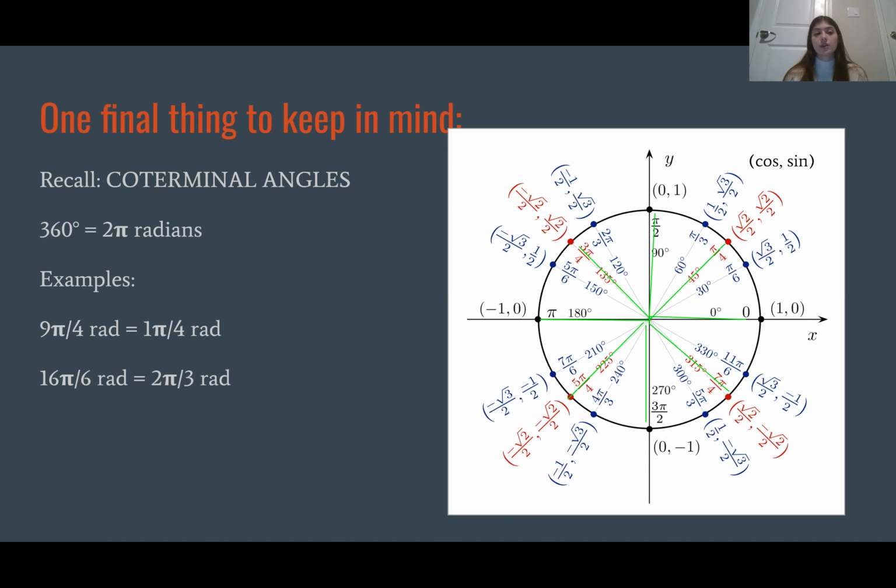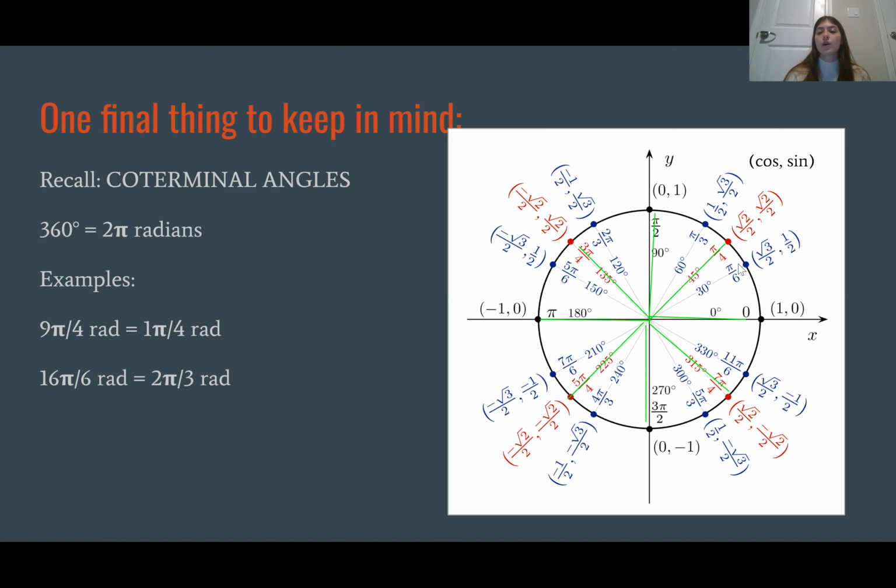So that's how you would do the coterminals when it comes to radians. All right? And let's try here. We've got another example. Why not? 16 pi over 6, right? So here's 1 over 6. So we'll be taking a look at all of the blue numbers right now.